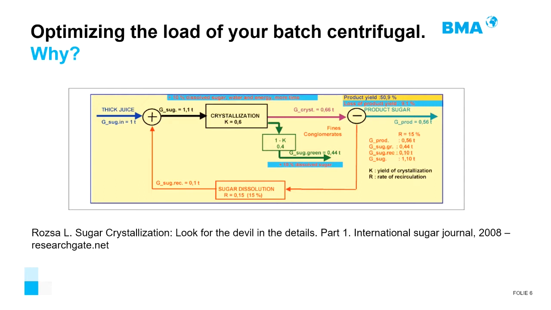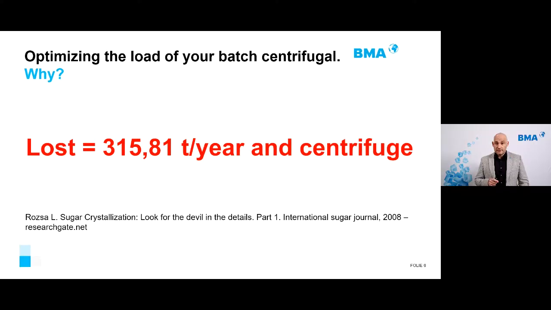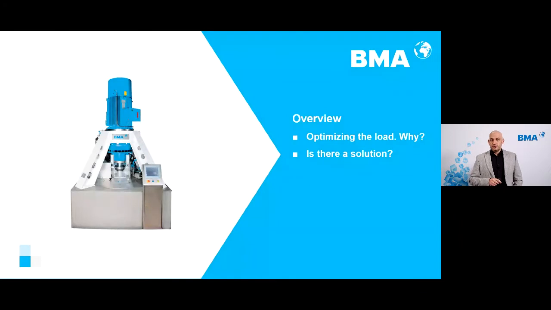Or in other words, you are losing, no more diluting, losing 350 tons per year in each centrifuge when you are adding 1 second more washing water than you need. Wow, that's a problem.